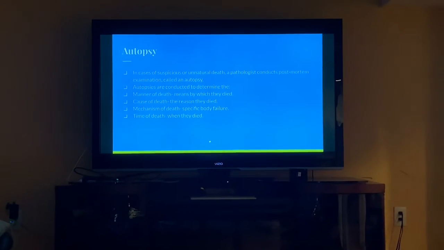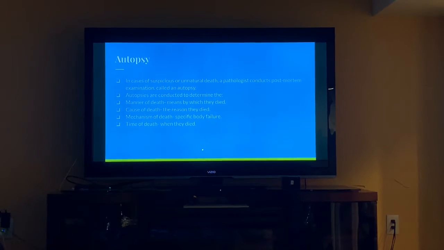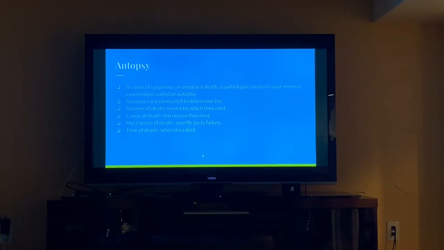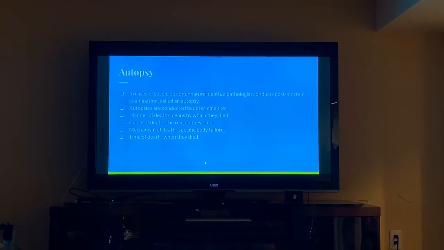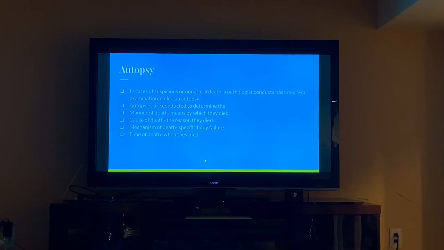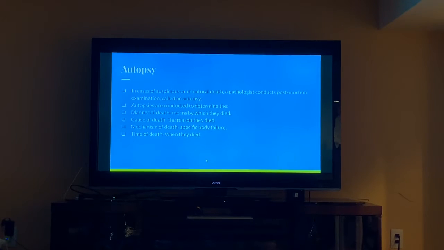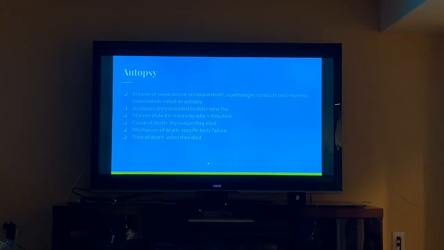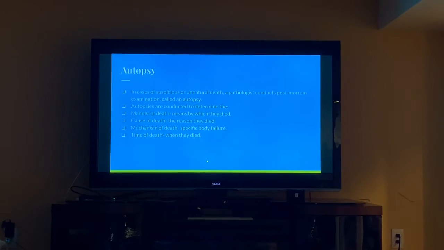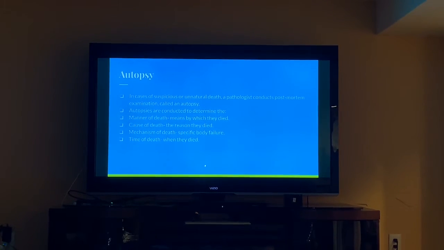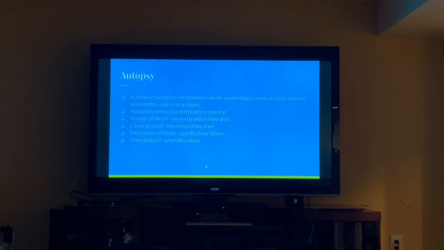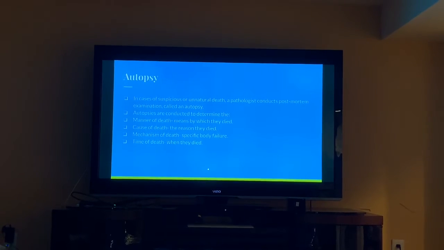The actual definition is in cases of suspicious or unnatural death, a pathologist conducts post-mortem examination called an autopsy. Autopsies are conducted to determine the manner of death, means by which they died, cause of death, the reason they died, mechanism of death, a specific body failure, and time of death, when they died.